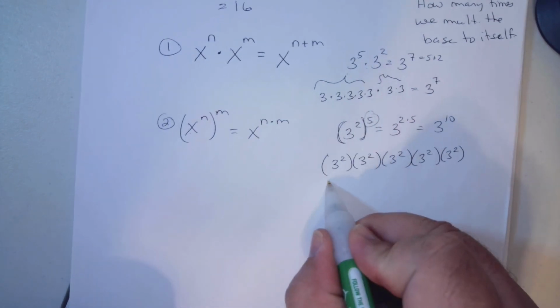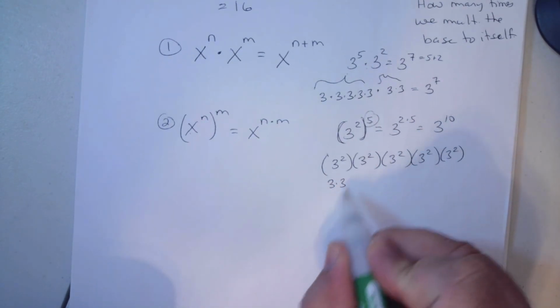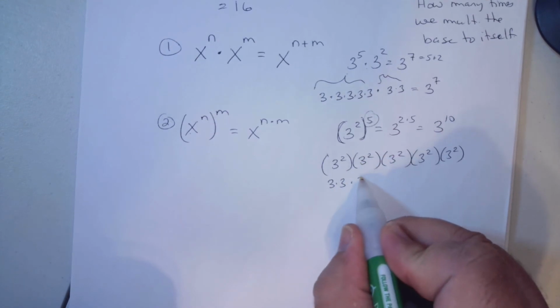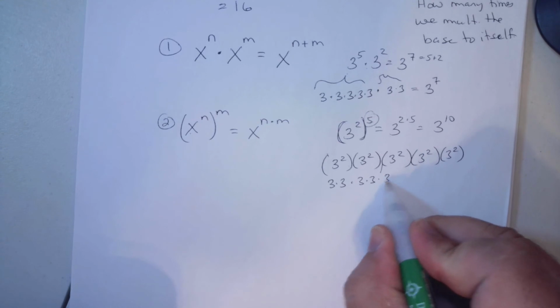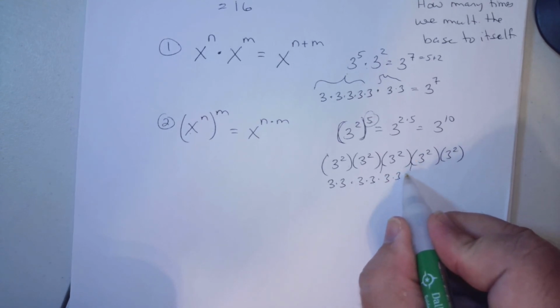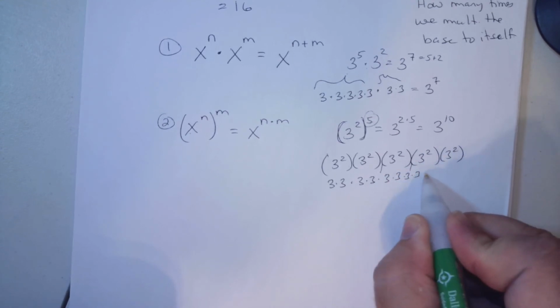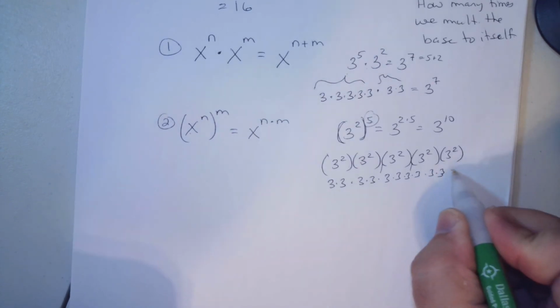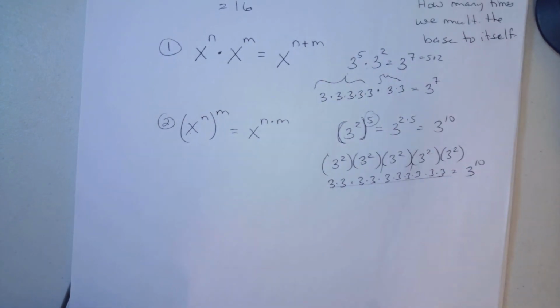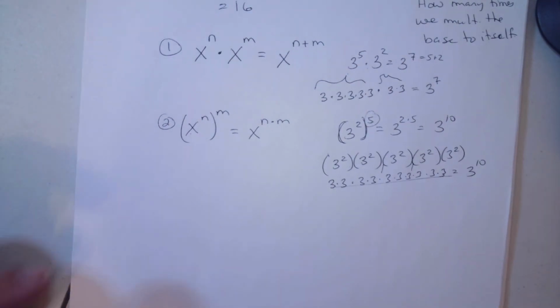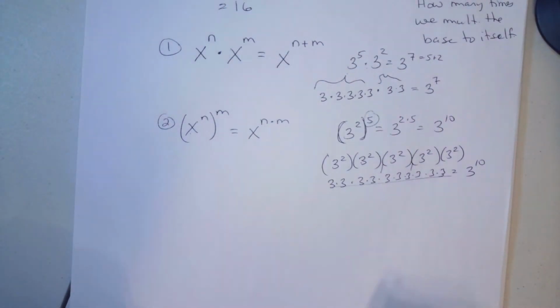Now what does this mean? 3 times 3 times 3 times 3 times 3 times 3 times 3 times 3 times 3 times 3. The same number occurs 10 times. So it's a lot easier if we do it that way.